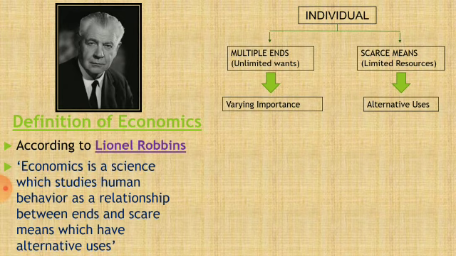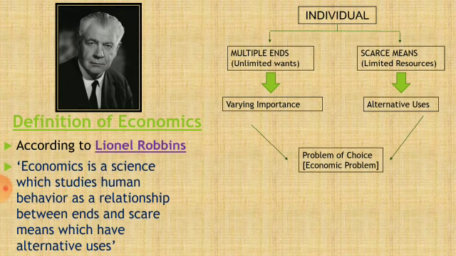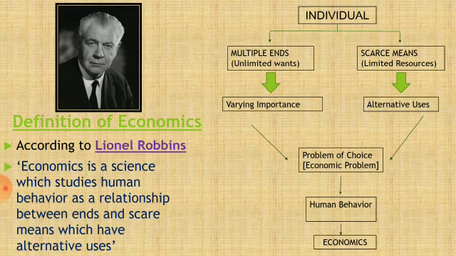Now, the problem of choice arises here. I need to make the right choice here according to my unlimited wants. This problem of making choice is a human behavior which leads to economics. So, let's look at the definition once again.